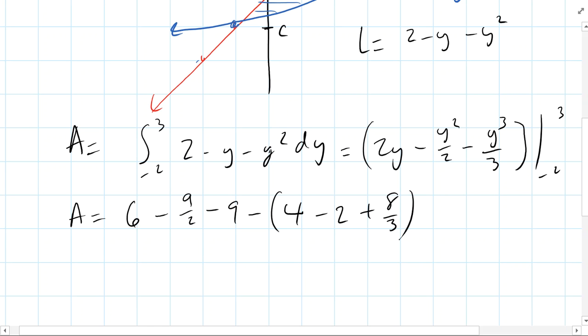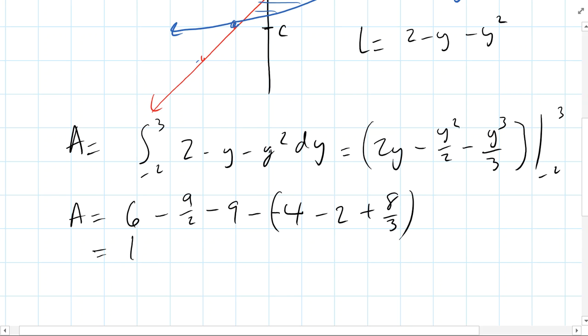Yes, it is. It's -4. I already did the minus. I was getting a little ahead of myself. Okay, does that give us 10? 4 and 6 is 10, minus 9 is 1.